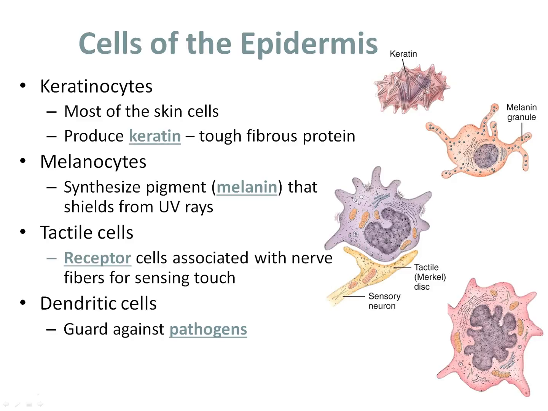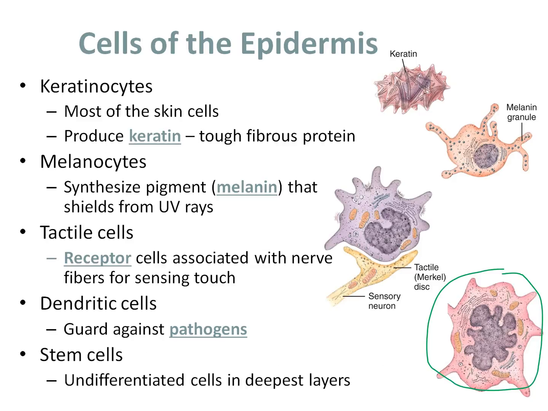That's this big one over here. This is a dendritic cell, and he functions like a Pac-Man. He'll wander around looking for pathogens or invaders, and then he'll munch them up and let the immune system know that they got through the barrier on the outside of the skin. We also have stem cells, which are undifferentiated cells in the deepest layers of the epidermis, which can reproduce and support new cell growth.